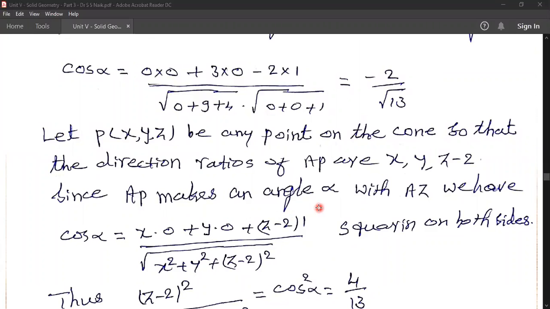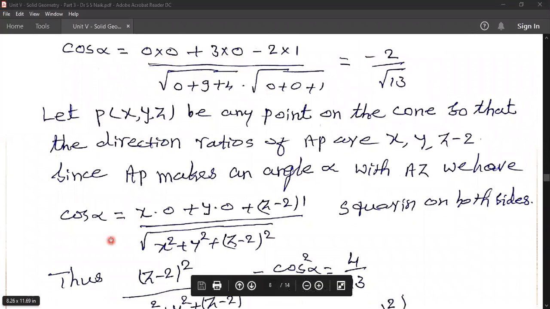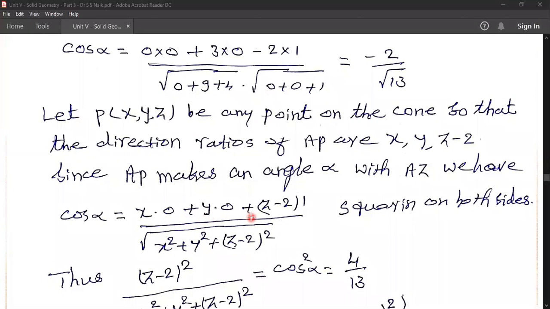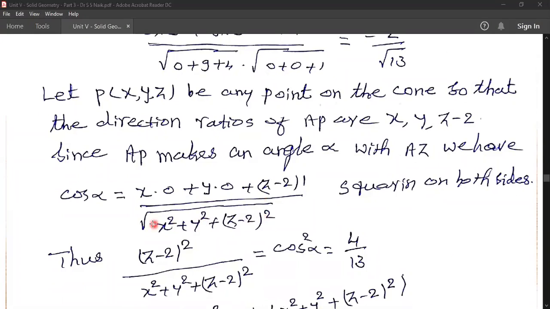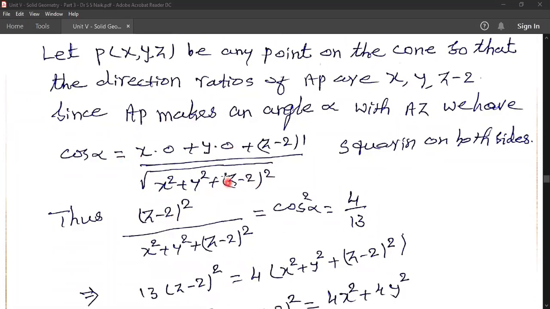Since AP makes an angle alpha with AZ, we have cos alpha is equal to x into 0 plus y into 0 plus (z minus 2) into 1, divided by the square root of x square plus y square plus (z minus 2) whole square. Then squaring on both sides, the square root will get cancelled, and you get (z minus 2) bracket square in the numerator, and this becomes cos square alpha.